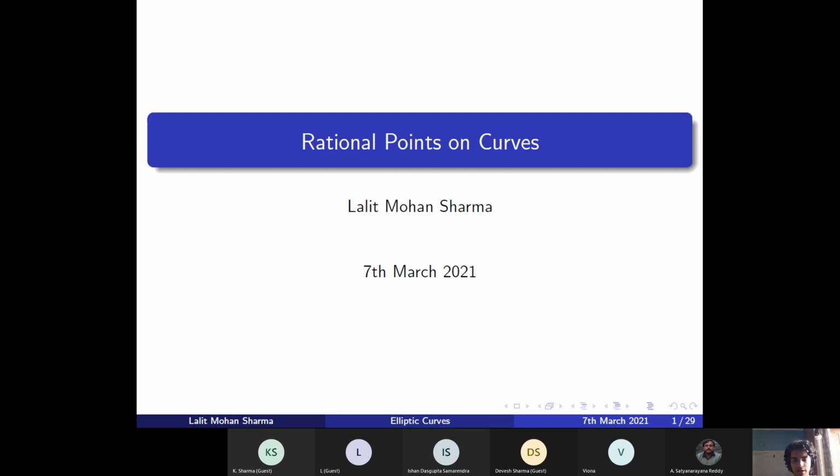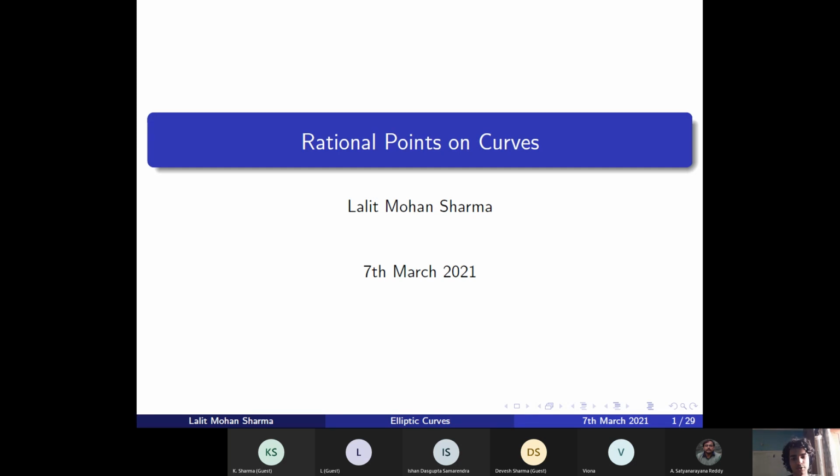So for example, in the case of y is equal to x squared, can you give me a rational point? Okay, Biona raised a hand. 1, 1. Yes. That is really simple to find, right?